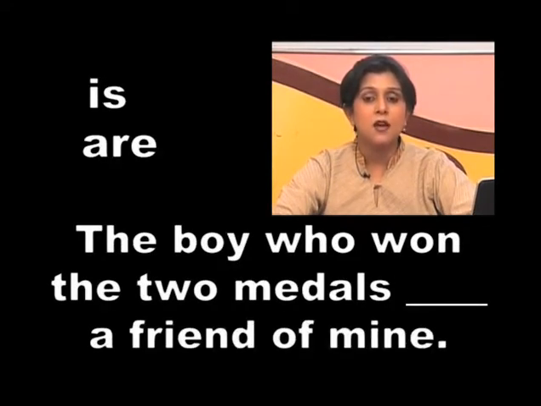Sentence C. The boy who won the 2 medals dash a friend of mine. The options are is or are. The boy who won the 2 medals dash a friend of mine. Is or are.